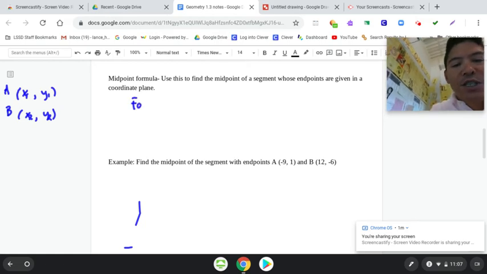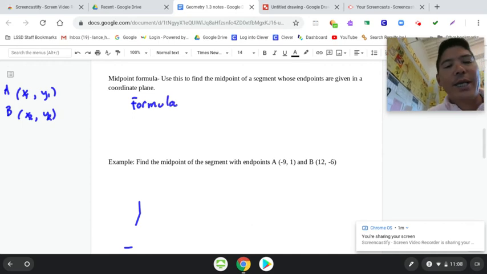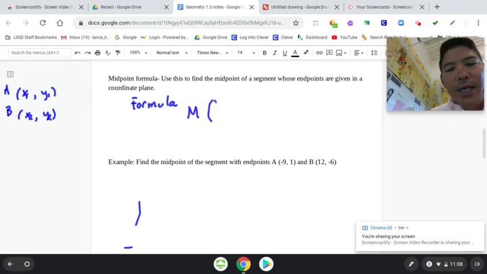It's just finding the average or the mean of the 2 x coordinates and then the 2 y coordinates. So I'm going to label this capital M for midpoint. The x coordinate of the midpoint is x sub 1 plus x sub 2, and then divided by 2. The y coordinate is y sub 1 plus y sub 2 divided by 2.